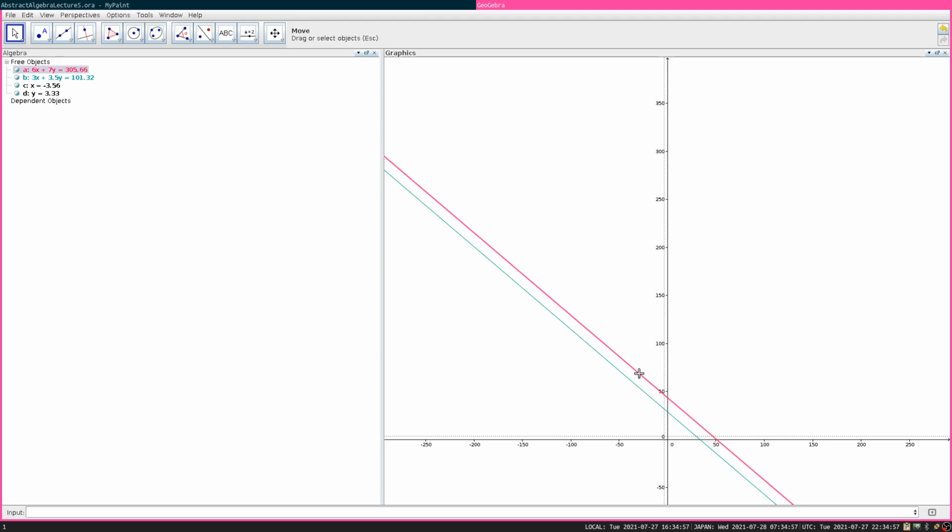Okay, what I'm going to try to convince you right now is that the two lines are parallel precisely when the determinant of the associated matrix is equal to 0. Now, this geometry picture of parallel versus not parallel, I think I've convinced you does not depend on the value on the right-hand side of the equation.